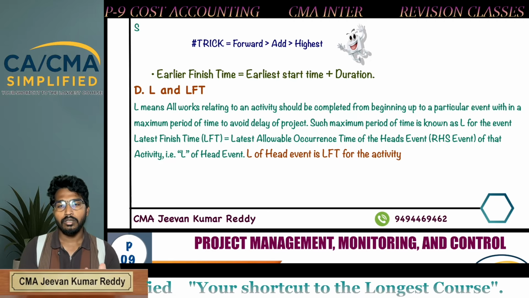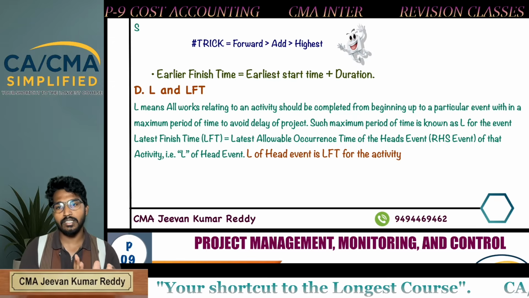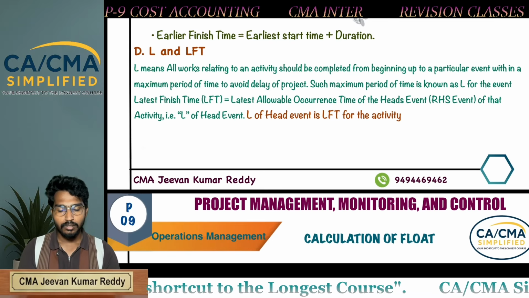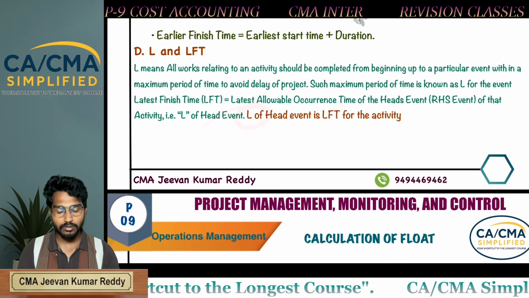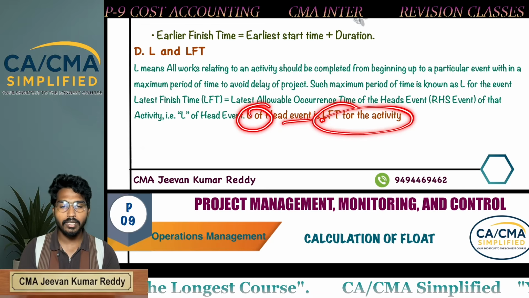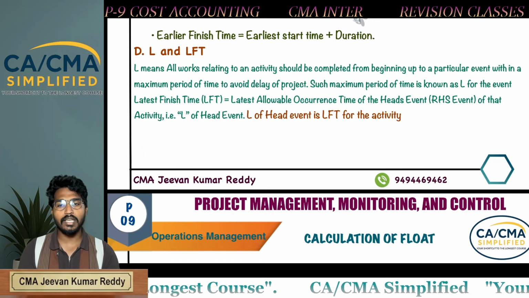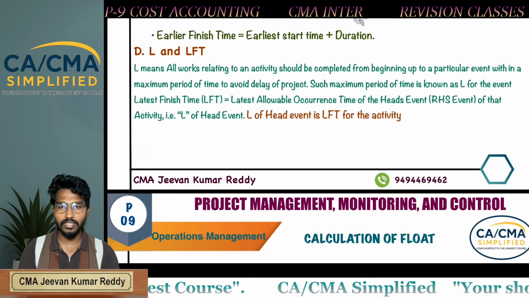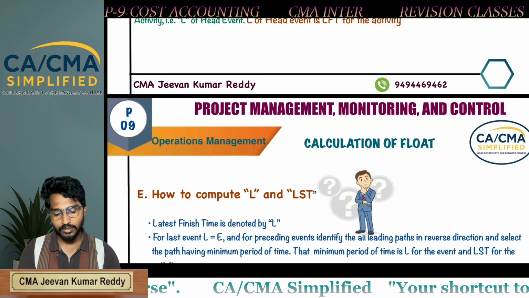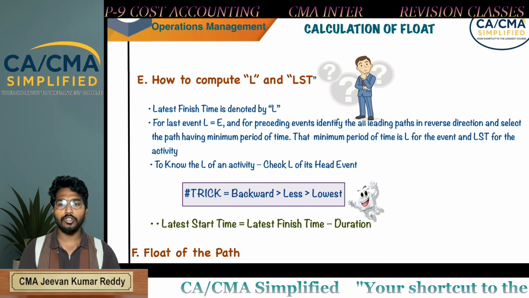That deadline is known as LFT, latest finish time. So how to calculate LFT? L of the head event is LFT for the activity. So if you calculate L for each and every activity, the head event L is known as LFT for the activity.